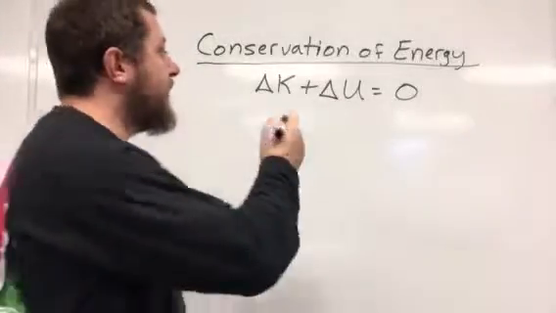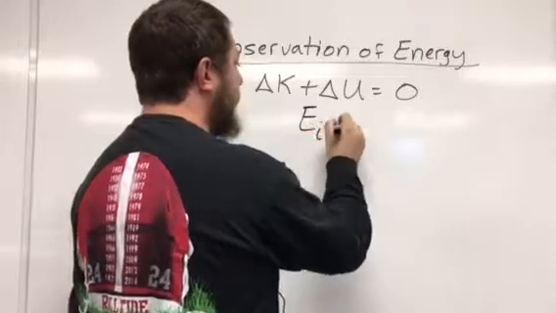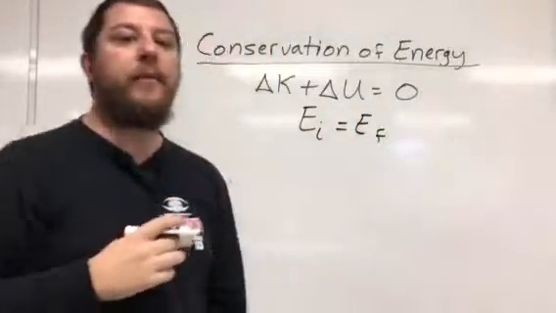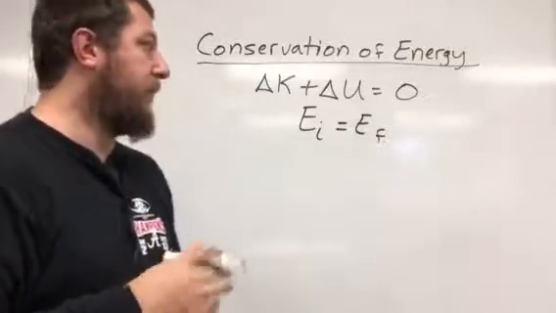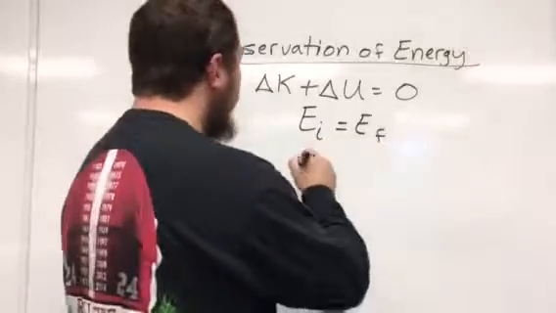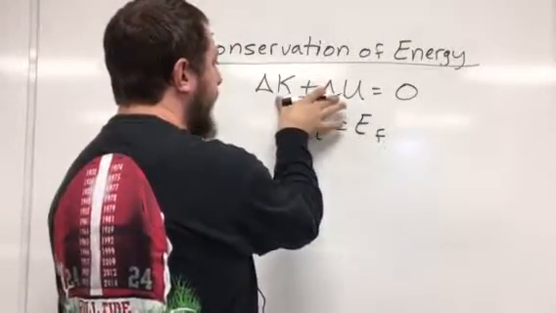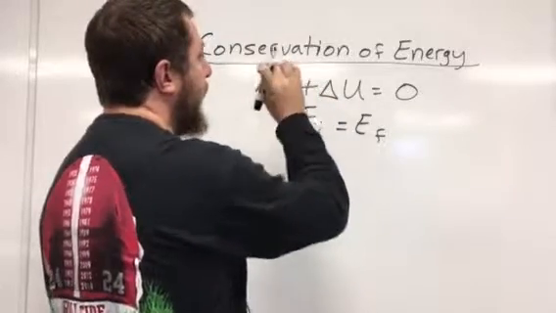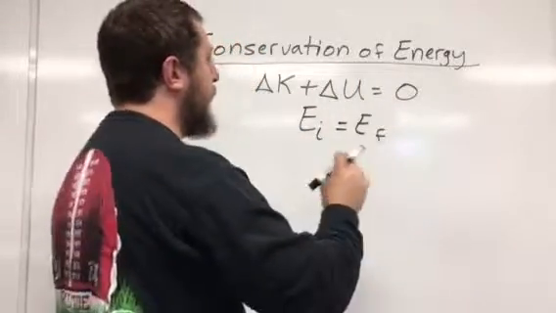Another way of saying this that I like to write down is that the total energy initially in the system is equivalent to the total energy present in the system at the end of the process, whatever that process may be. Another way to break this equation down: this is just your final kinetic energy minus your initial, and this is just your final potential minus your initial.